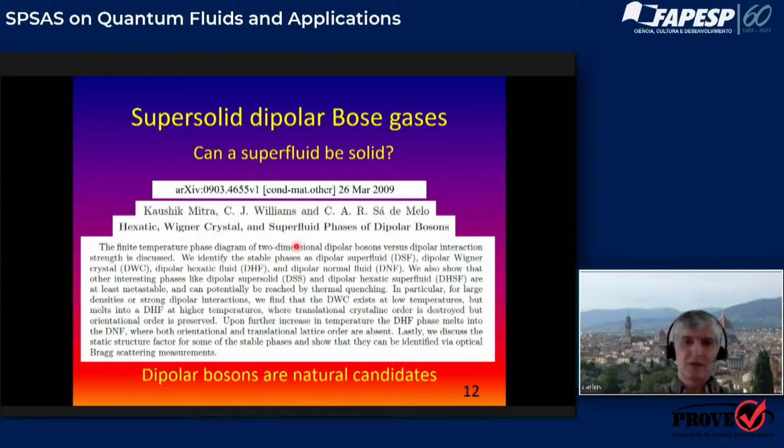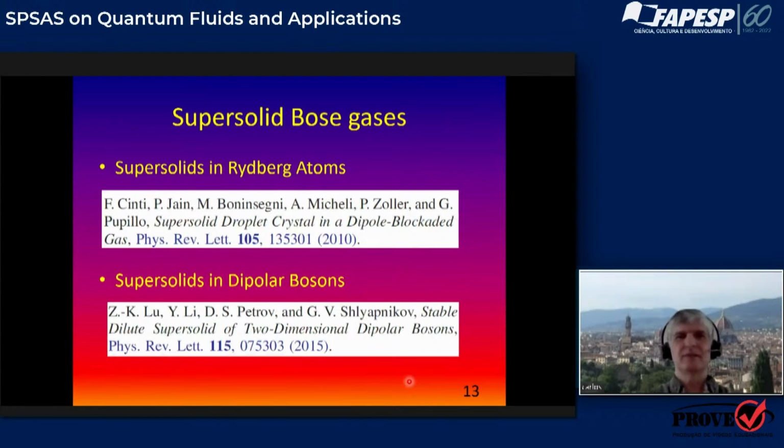So we wrote this paper, which unfortunately only lives on the arXiv, in which we discussed several phases of dipolar Bose gases, and among them two that I'm going to concentrate on: dipolar supersolids and dipolar hexatic superfluids. So dipolar bosons, we would argue, are natural candidates for supersolidity. It's not clear that's going to survive the test of time.